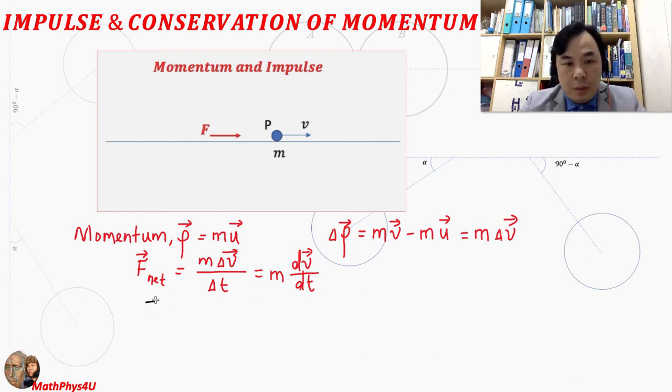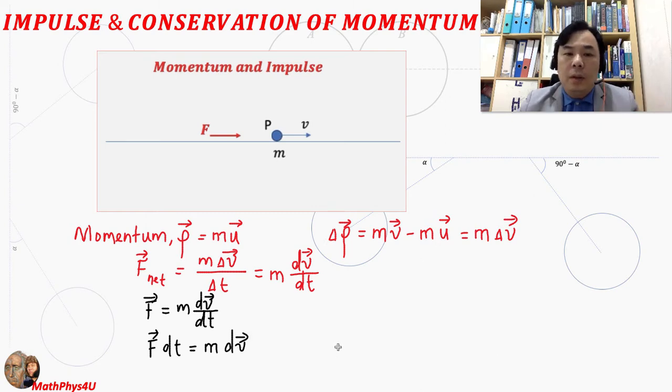You will notice that F is equal to m dv dt. From here we can rewrite it in this form. And then lastly, you can take the antiderivative by integrating both sides.